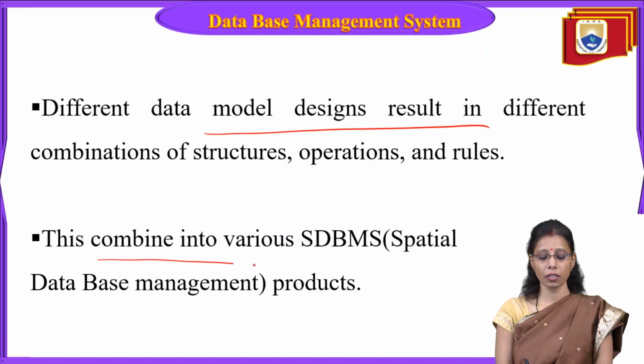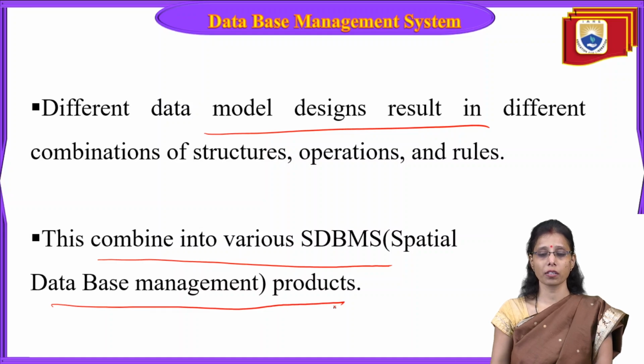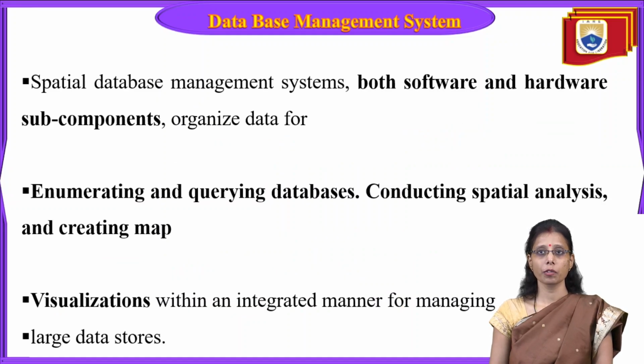This combines into the various SDBMS products. Different models we use in GIS give different combinations of structures, operations, and rules, like topology rules, and all this combined together makes a spatial database management system.